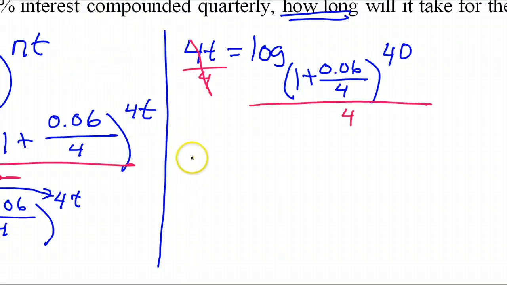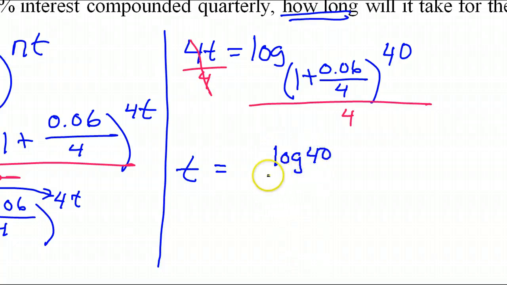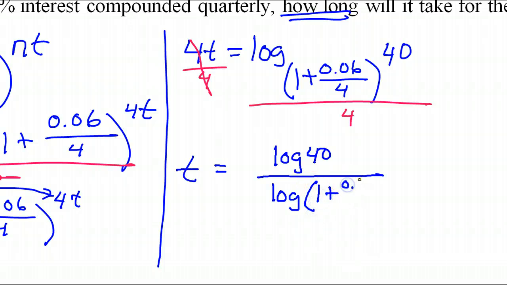So what I like to do is type all this in my calculator. But one more thing. I guess we can't type this blue part, the numerator, directly into the TI-30. It doesn't understand it. So we have to use the change of base formula, and this blue part can be rewritten as log 40 over log of the base here. So over log 1 plus 0.06 over 4.